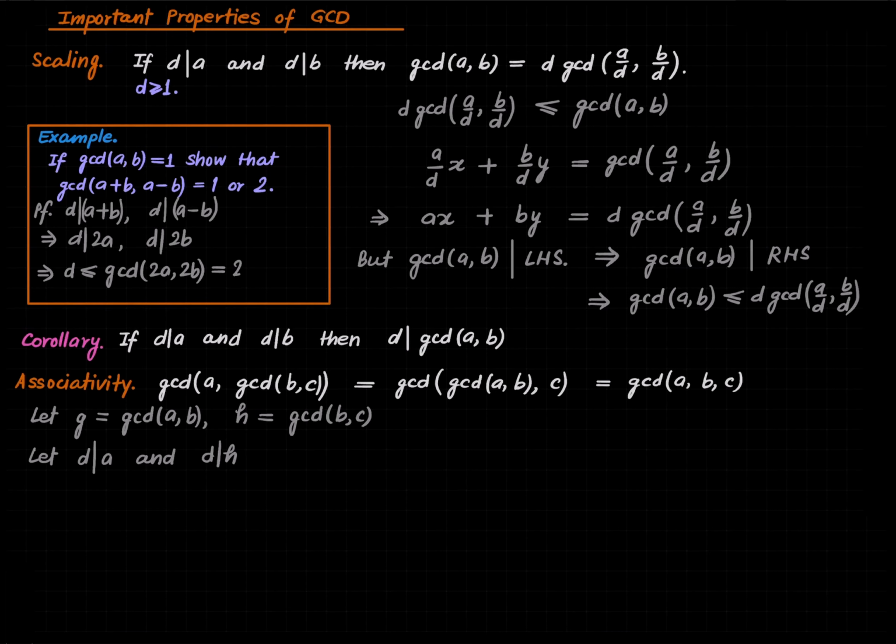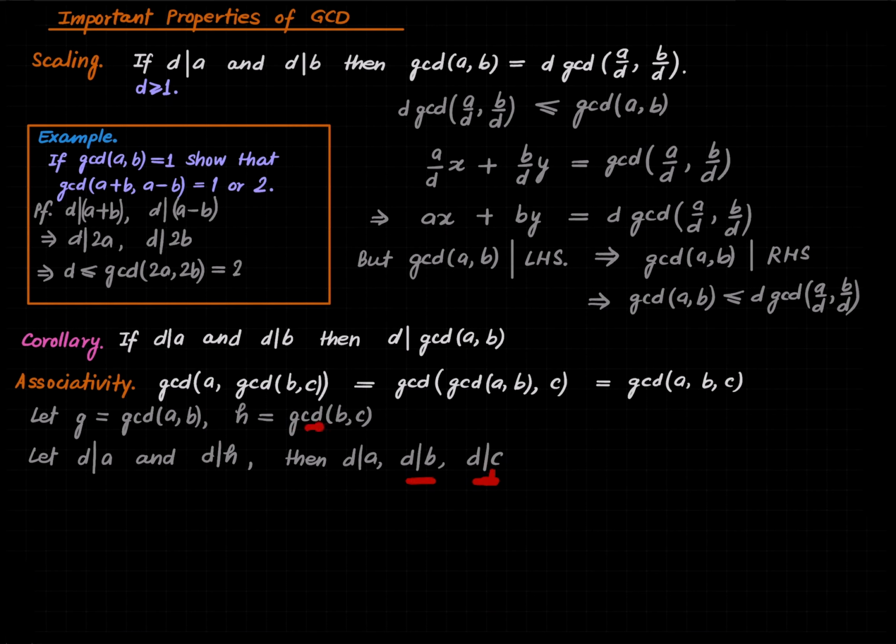Okay. So then, by the previous property or previous corollary, D divides A we already have, but then we also have that D divides B and D divides C. Why? Because if D divides H, D divides the GCD of B and C, and hence it divides B and it also divides C. Well, for this we don't even need the previous corollary, we just need the definition of GCD.